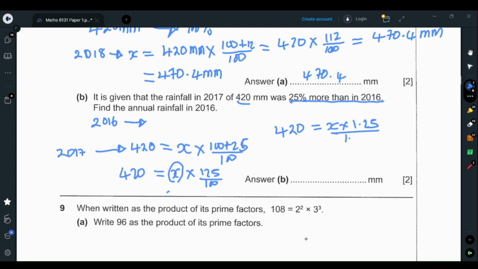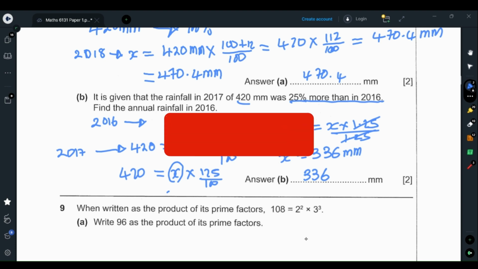Therefore, divide by 1.25 on both sides. That will cancel out, and that will give us a rainfall of 336 millimeters. So that's it for question 8.